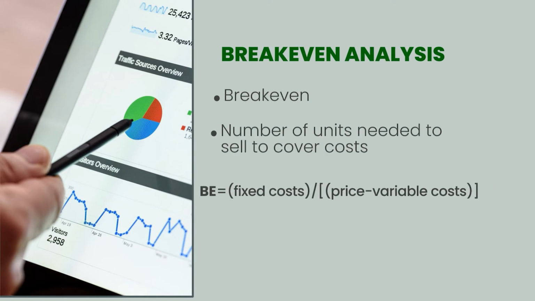So the formula for break-even is that the fixed cost, which is 23115 in case of our example, needs to be divided by the price that you charge minus the variable cost. So the price minus variable cost is your contribution margin. Per unit contribution margin.